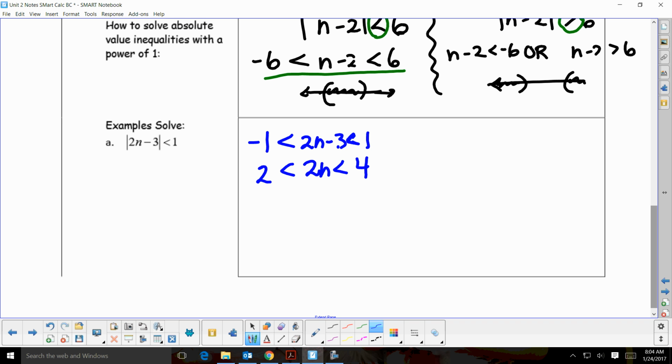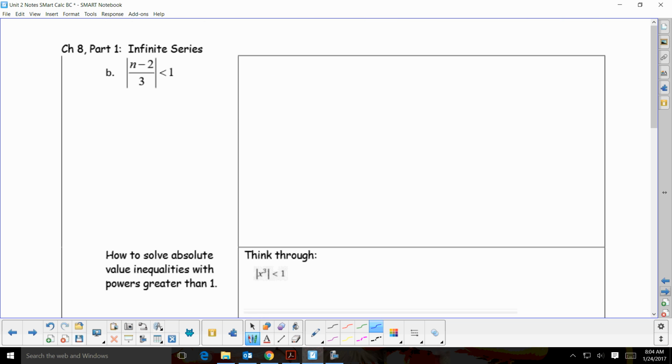And then divide by 2. Okay. So this is our solution written in interval notation. Okay. This is our compound inequality. Okay. Next one.